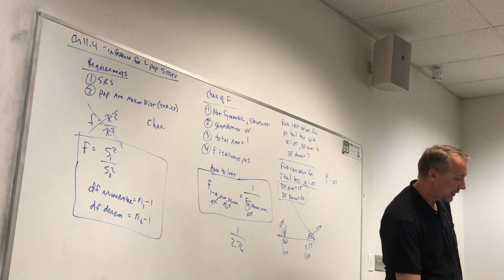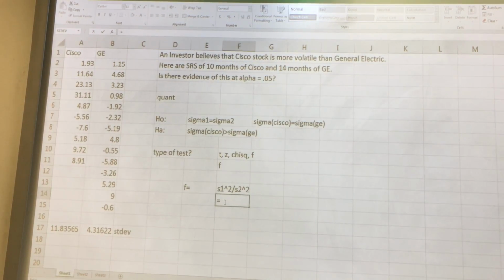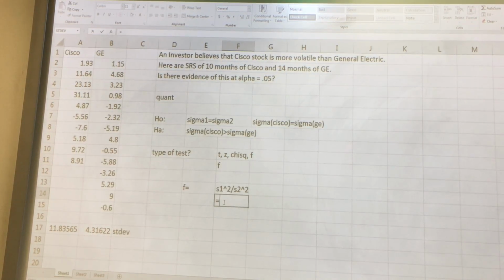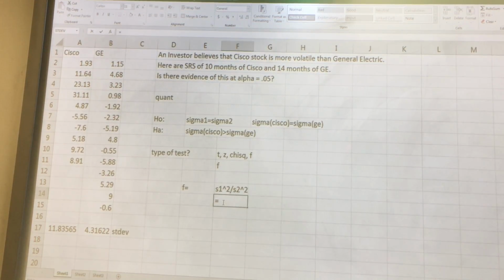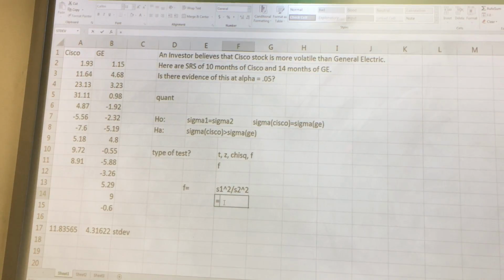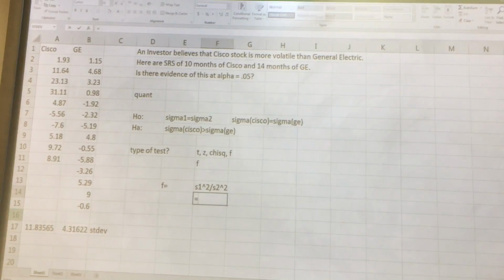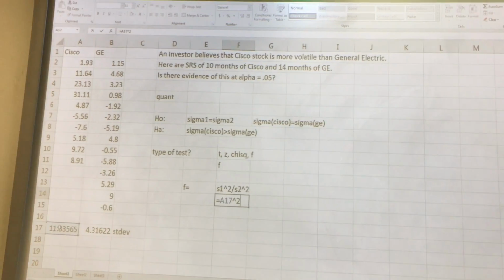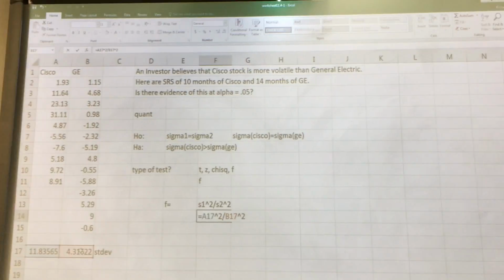The question is, is that a significant difference? I found my F statistic, so what do I do next? You take 11.8, square it first, and then divide it by 4.21 squared.